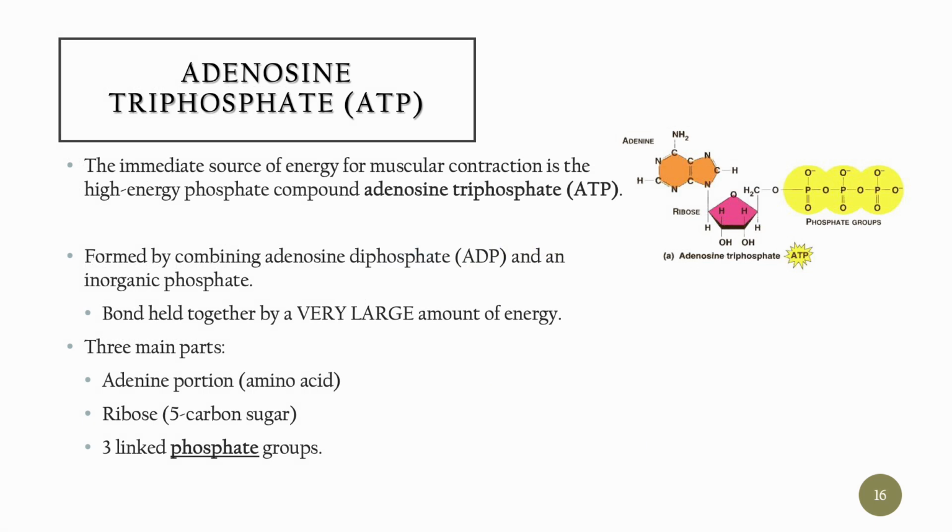ATP. The definition: the immediate source of energy for muscular contraction is the high energy phosphate compound, adenosine triphosphate, ATP.